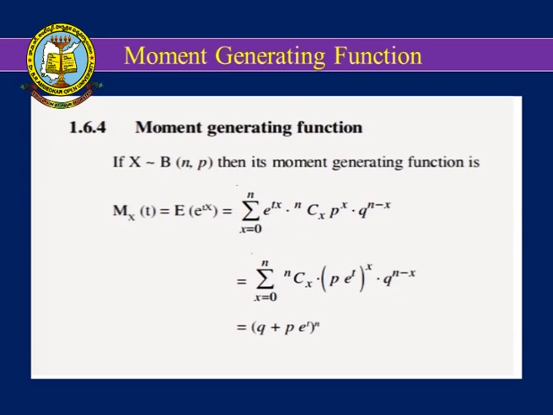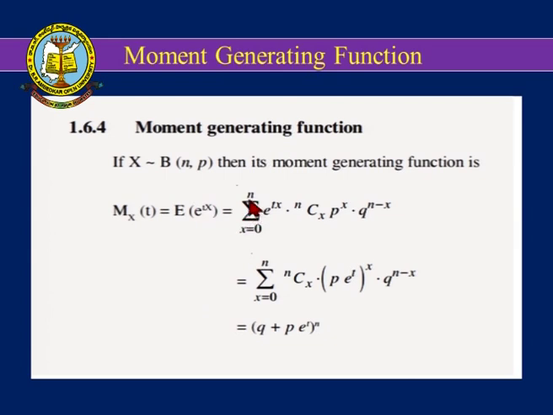Probability of capital X equal to small x is p of x is equal to nCx into p power x into q power n minus x. If x follows b of n comma p, then its moment generating function is represented by Mx of t. Mx of t is equal to expectation of e to the power of tx.